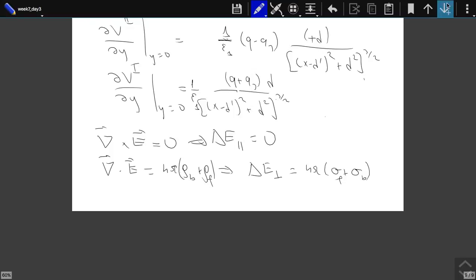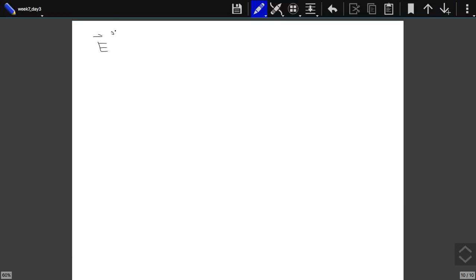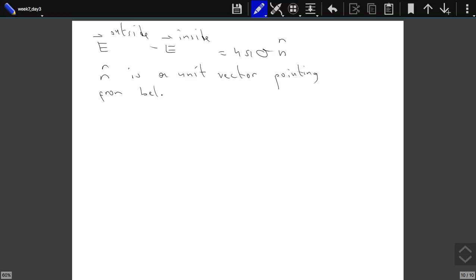So in general, what we do is the electric field outside minus the electric field inside is equal to 4 pi sigma n. And n is a unit vector pointing from below the surface, from inside the surface, to the outside.